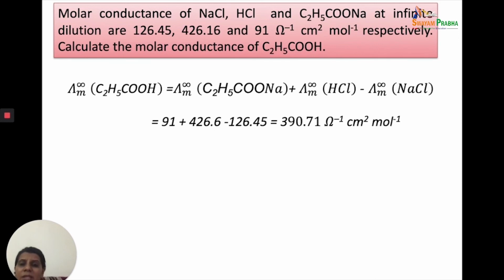So this way, by just using the values of lambda m infinity of strong electrolytes which are given to us, I can find out the lambda m infinity of weak electrolytes. For any weak electrolyte, take the molar conductivity at infinite dilution values of the strong electrolytes, manipulate them like a simple mathematical expression, and you will get the molar conductivity at infinite dilution for the weak electrolyte.